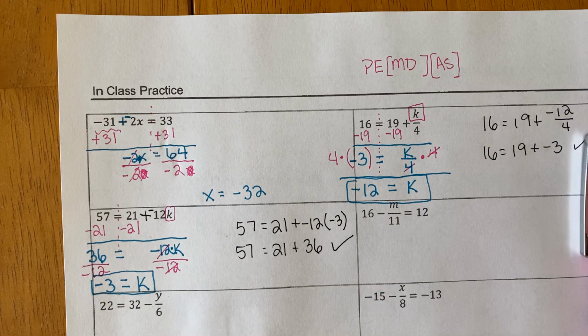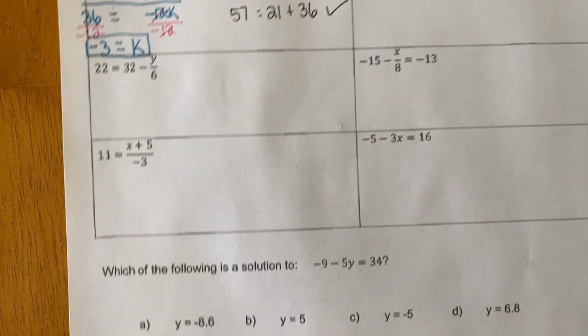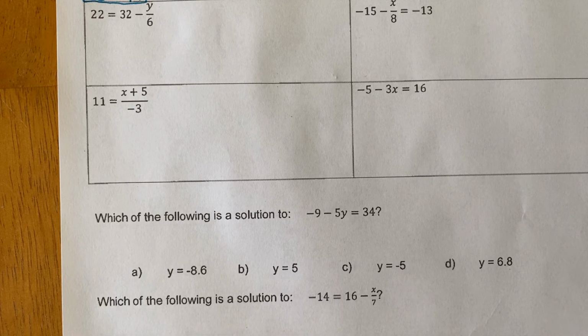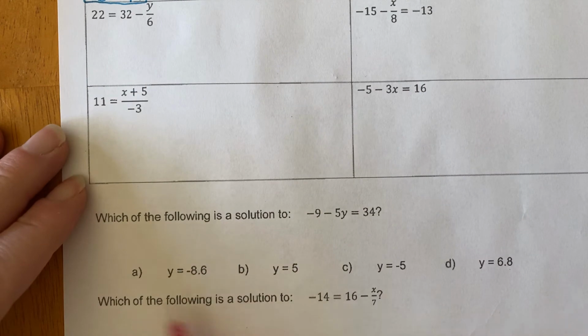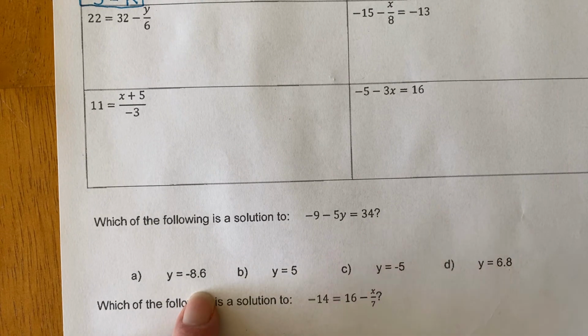All right, so going down to the bottom here, if I give you choices about what a solution is, what you could do is you could just plug those numbers in to check and make sure. And so as I'm plugging numbers in, I would plug them in for y.